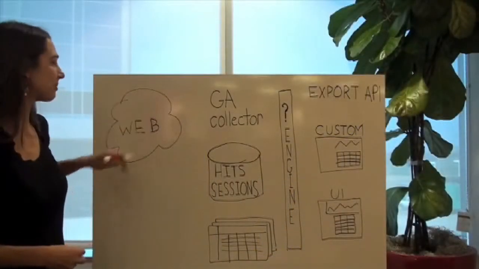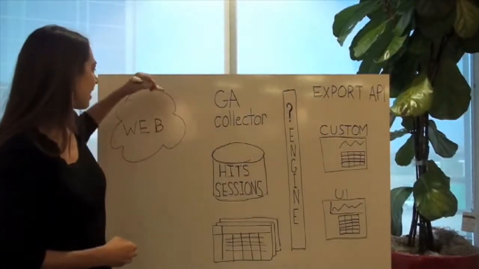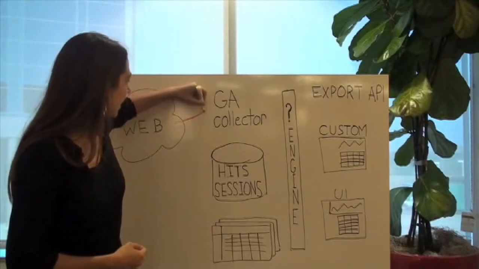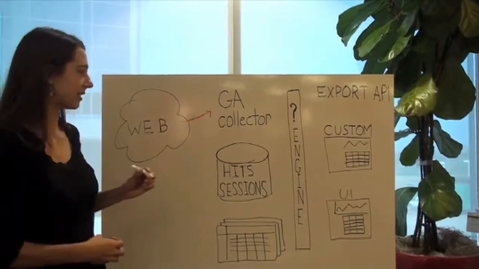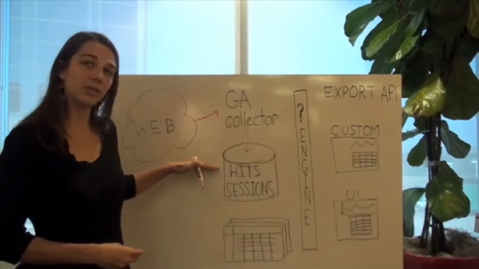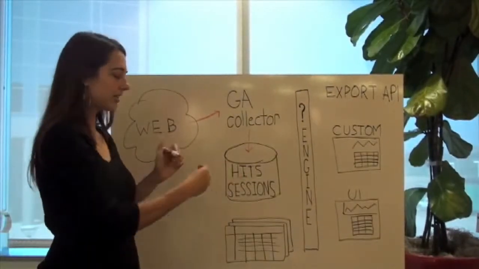So like you said, let's take a look behind the scenes at what happens after your JavaScript submits that information. Out here in the web, your JavaScript lives and is sending us hit by hit what's going on with your website. The GA collector receives that information, and it's going to store it in the form of the individual hits and the sessions, the periods of interactivity.